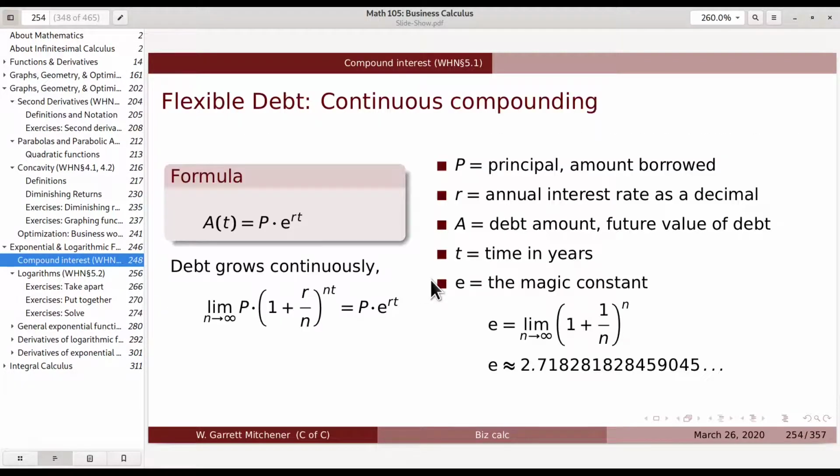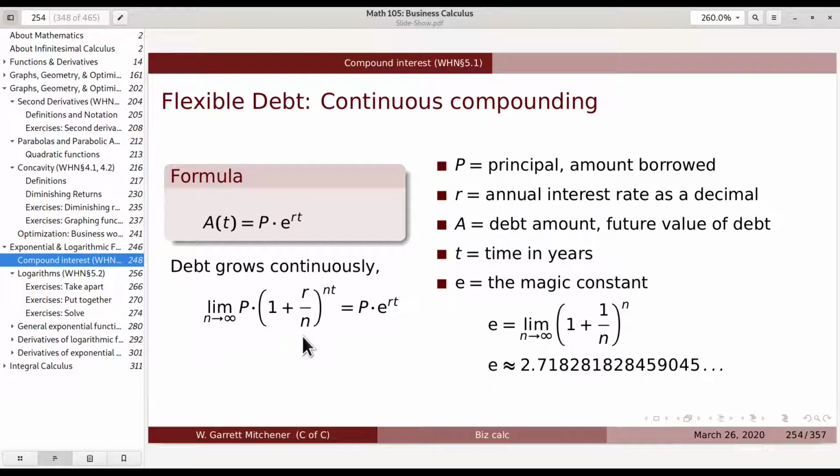So let me skip this problem that we did before and go to this screen, continuously compounded interest. So here's the idea. We start with the formula for periodic compounding, and we look at what happens if we allow the number of compounding periods n to go to infinity.